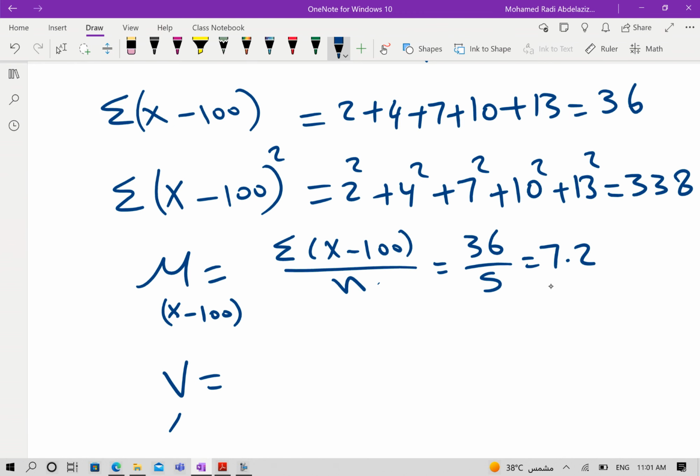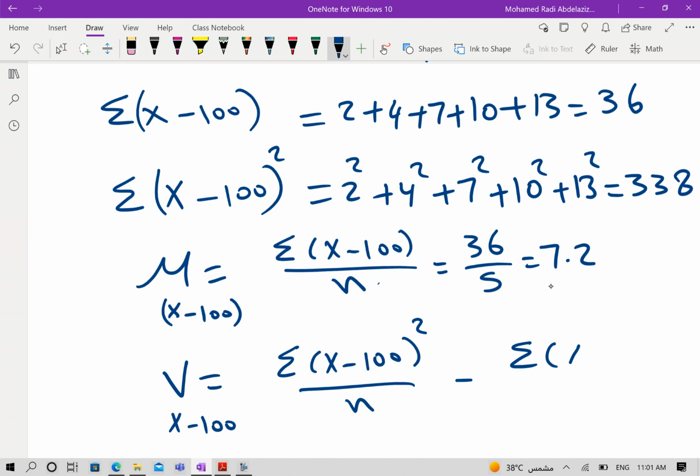The variance of x minus 100 values: the summation of x minus 100, all squared, divided by n, minus summation of x minus 100 divided by n, the whole squared.